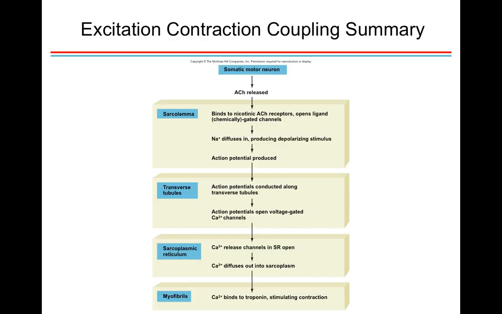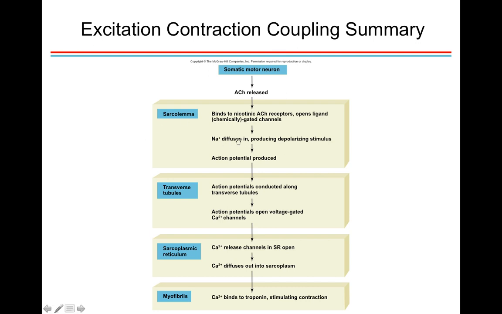So here's a little summary of what we just discussed. We have a somatic motoneuron. This will release acetylcholine, and then acetylcholine will bind to the nicotinic acetylcholine receptors and open the ion channels. This allows sodium to enter the sarcoplasm, and it allows potassium to exit.